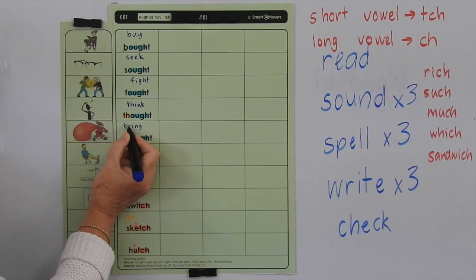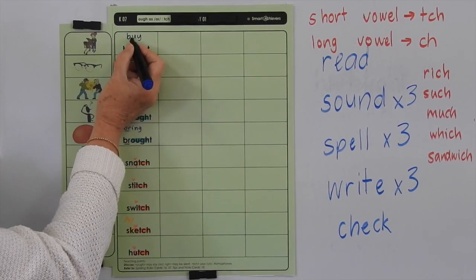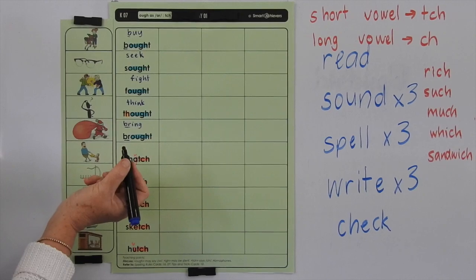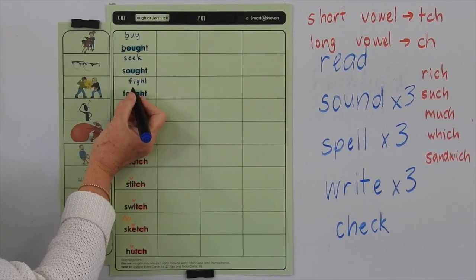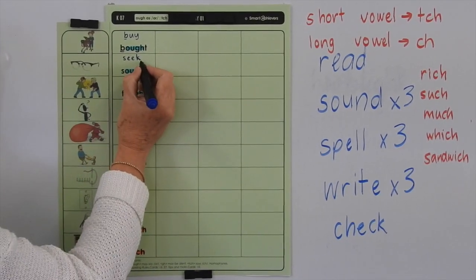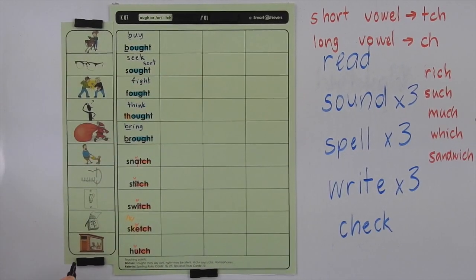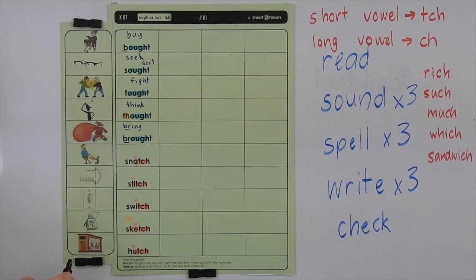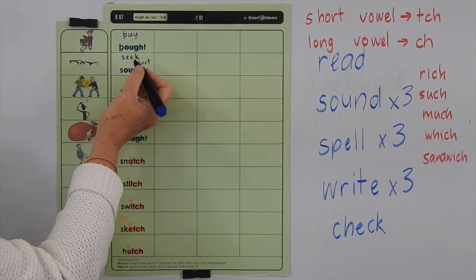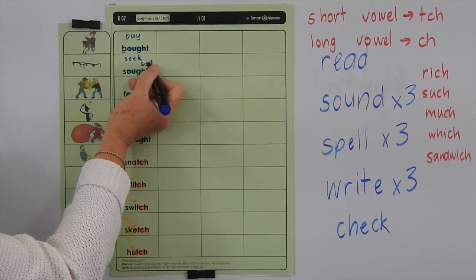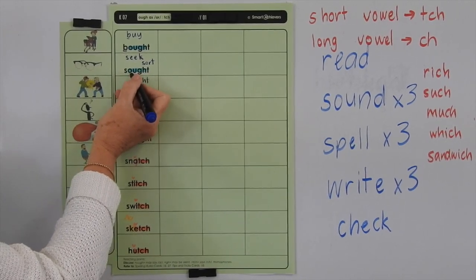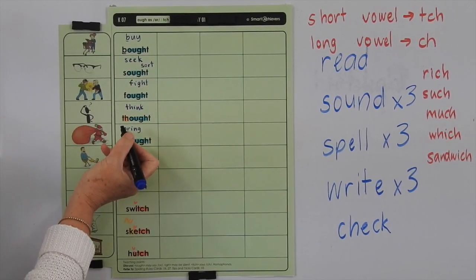So they both start with BR, whereas bought and buy both start with just the B. Now you could have another sort here. This sort means when you organise your toys or something, or you just tidy them up and put them into groups. So that would be sort like this. This one really means to go and find something, to seek something.